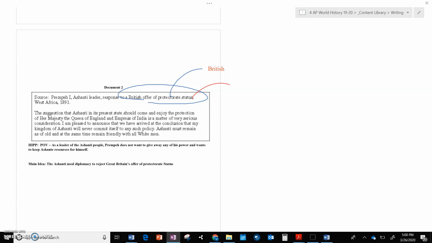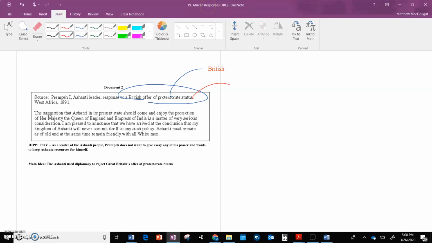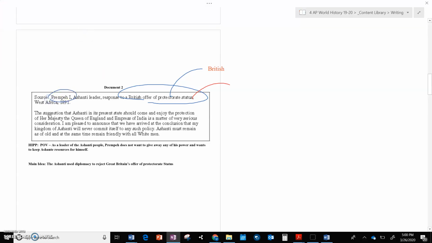But usually one group in a diplomatic arrangement has the upper hand when the arrangements are made. So here you have this royal person responding. You know, only people that are royalty get Roman numerals in their names. We know this is royalty. This is a response to that offer.